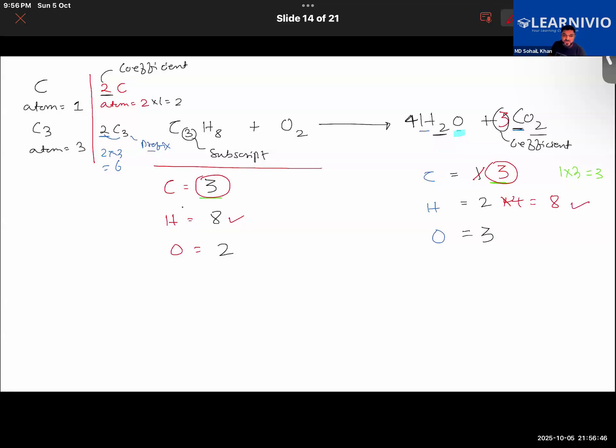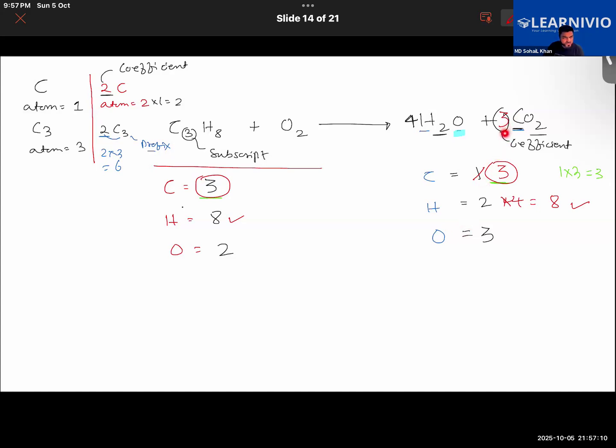Now look at the new number of oxygen atoms on both sides. Earlier there were three, but we have now added two coefficients.